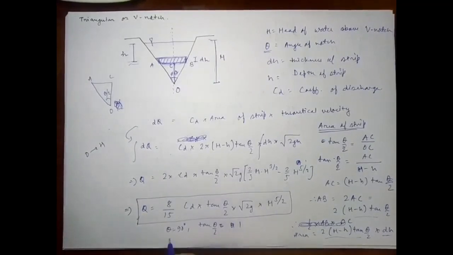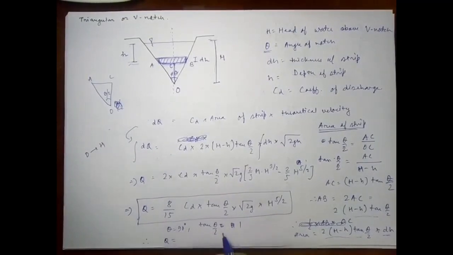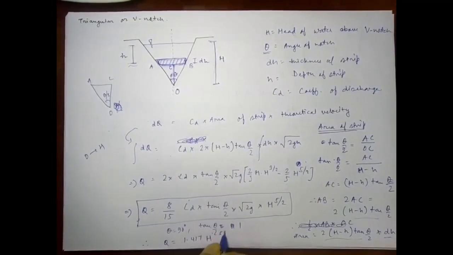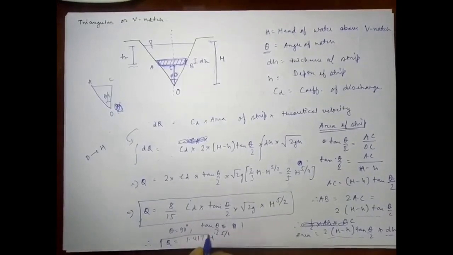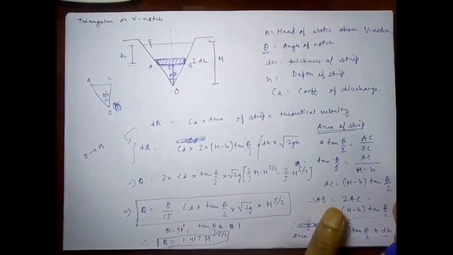Therefore for a 90 degree notch, substituting this as 1, CD as 0.6, and the root 2g value we know, discharge will be equal to 1.417 h to the power 5 by 2.